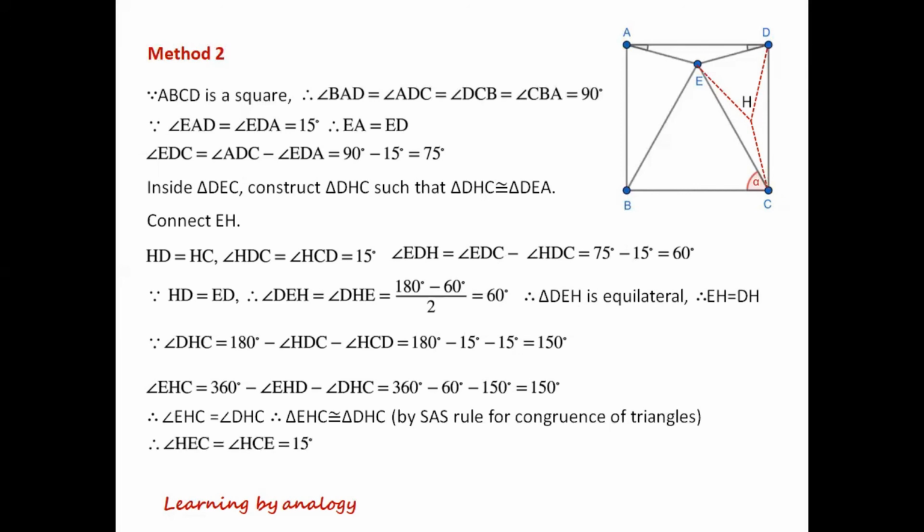So angle HEC equals angle HCE equals 15 degrees. Angle BCE equals angle DCB minus angle HCE minus angle HCD equals 90 degrees minus 15 degrees minus 15 degrees equals 60 degrees.